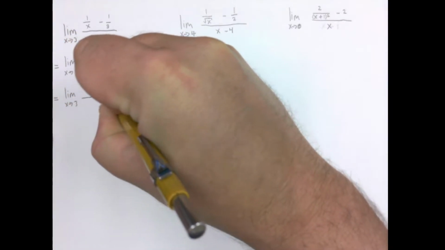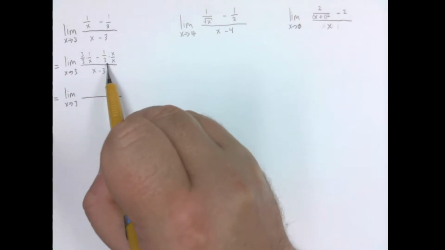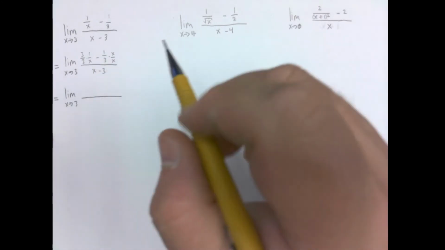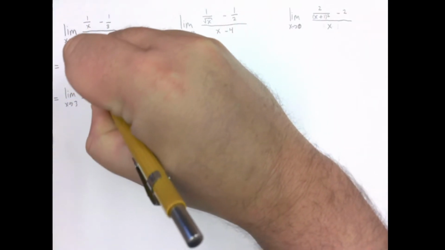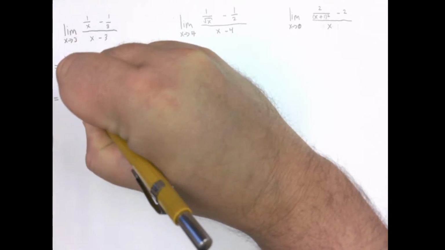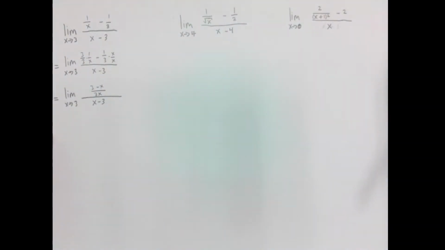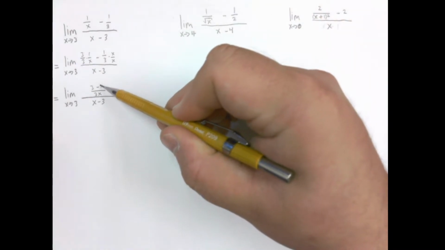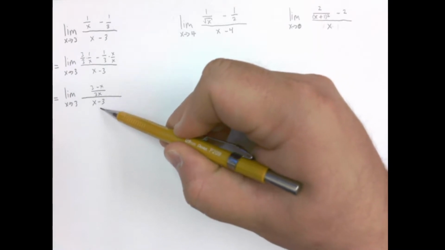so you've not changed the value of the expression, which is very important. Now, we have a denominator of 3x in both, so we can combine these 2 fractions to achieve 3 minus x over 3x, of course, over the overall denominator of x minus 3. Now, recall, we have a fraction divided by an algebraic expression.